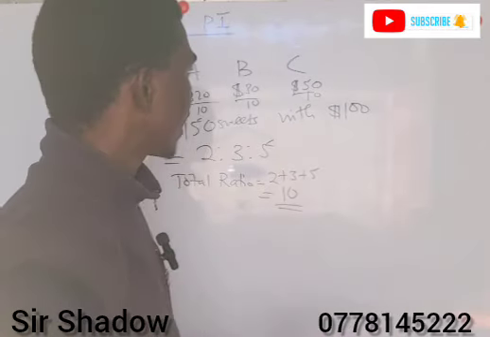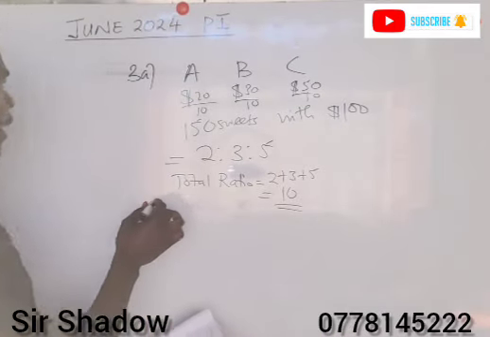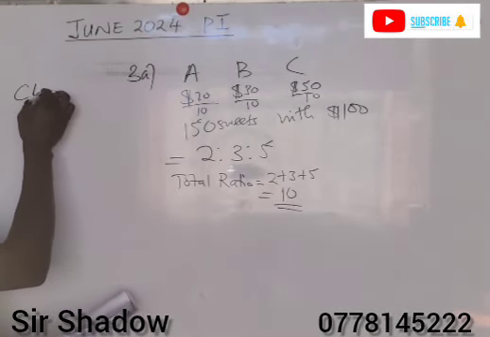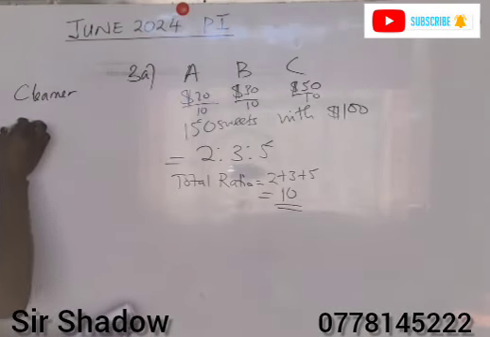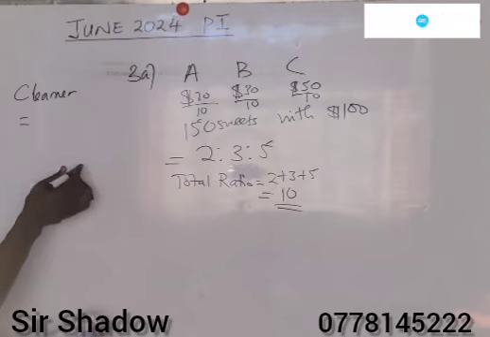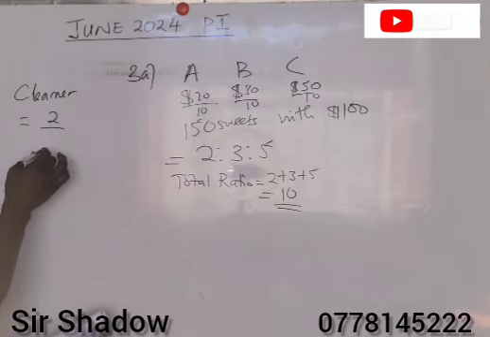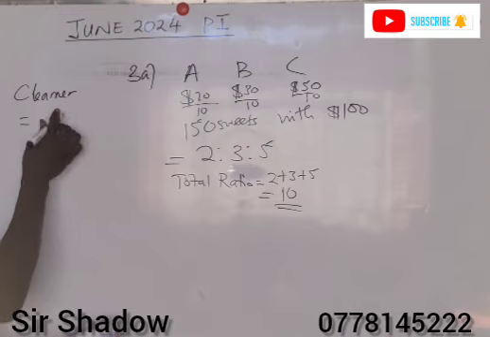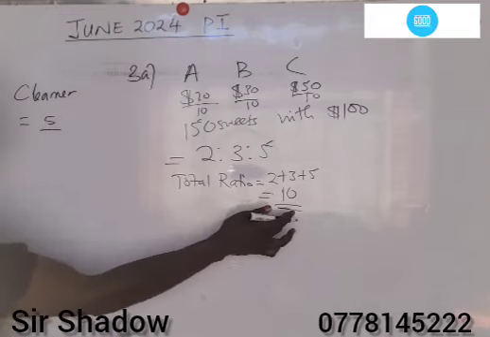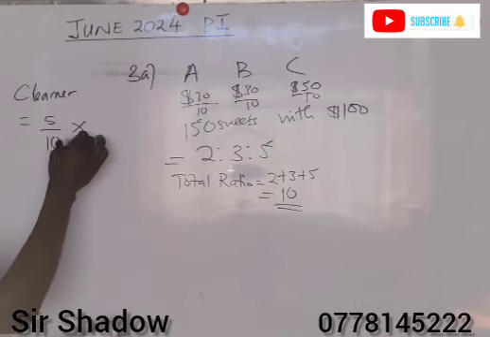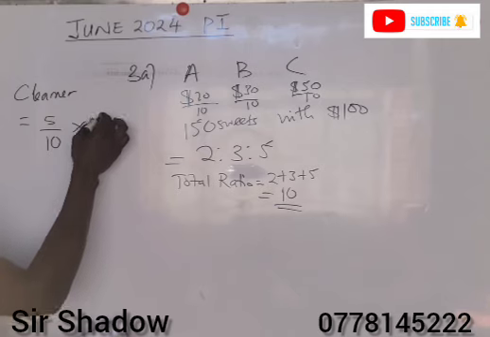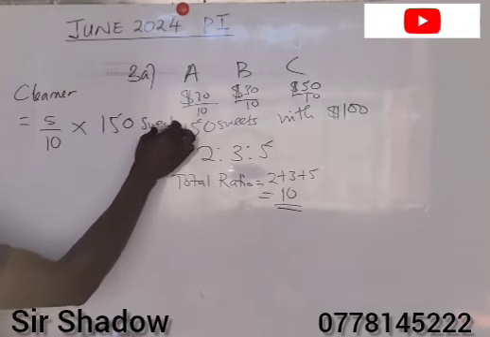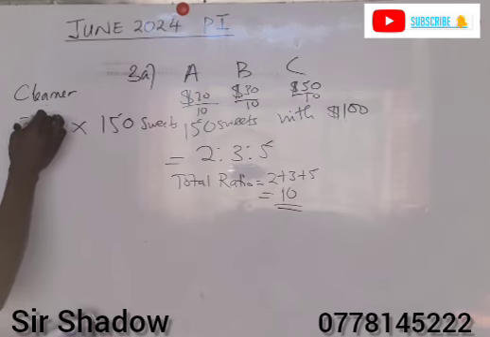The ratio of C learner is 5 over total ratio 10, multiplied by the number of sweets they shared, which is 150 sweets. So this becomes half.